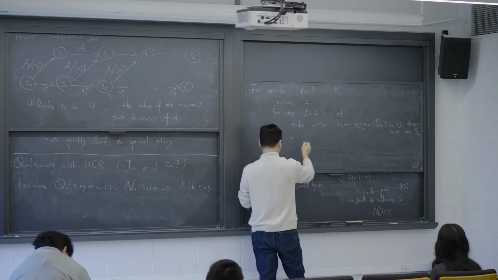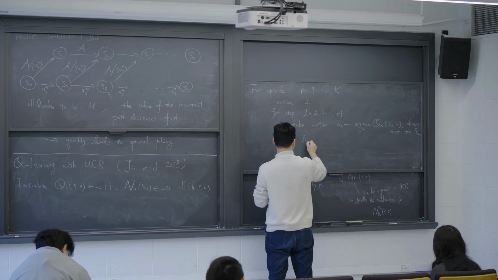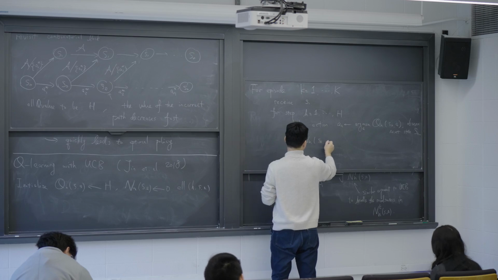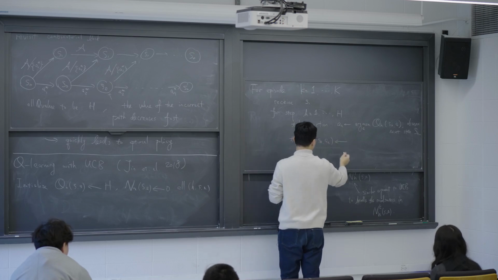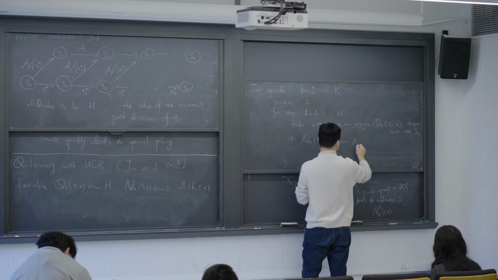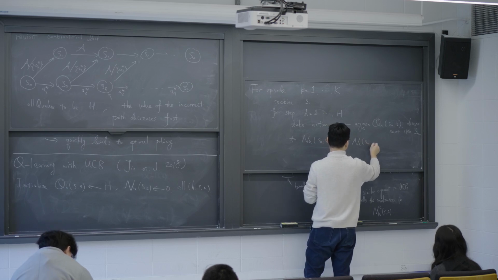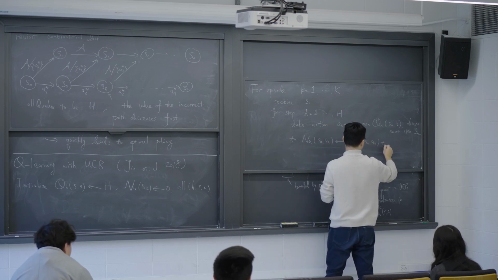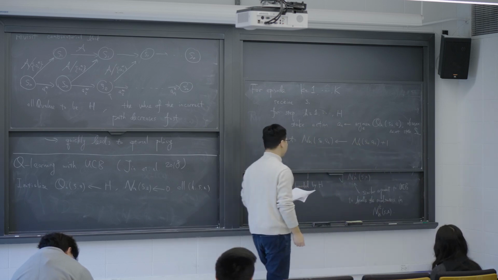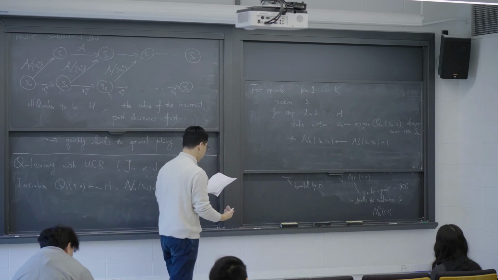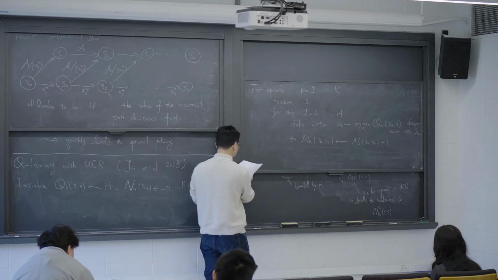We set t equal to the count N_h(s_h,a_h), incremented by 1 because we observe this (s_h,a_h) now. This is always the count of how many times we have observed this (s_h,a_h) at each step.